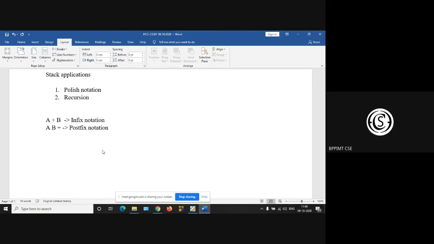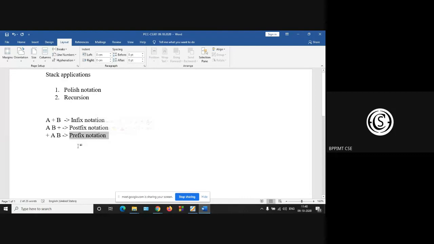And what is prefix? Plus AB. This is your prefix notation. Every arithmetic expression given in infix notation, you can easily convert to postfix or prefix, as you wish.